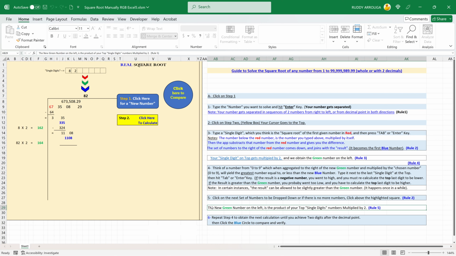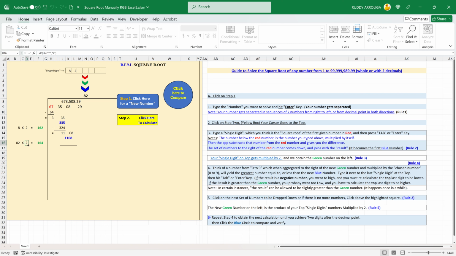And we keep reading. The new green number on the left is the product of your single digit numbers multiplied by 2. That's rule number 5, which is really number 3 repeated. But since it now had to take as many numbers as we have here, we take those 2 numbers and we multiply it by 2.